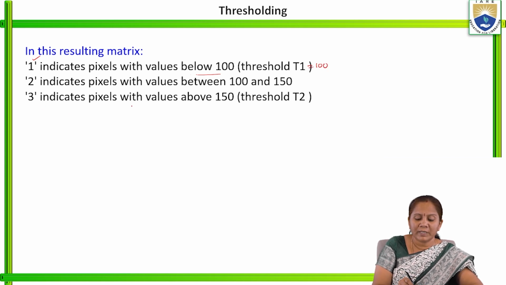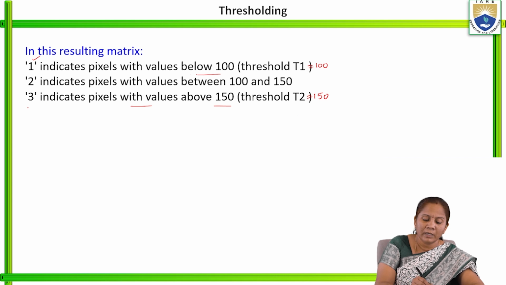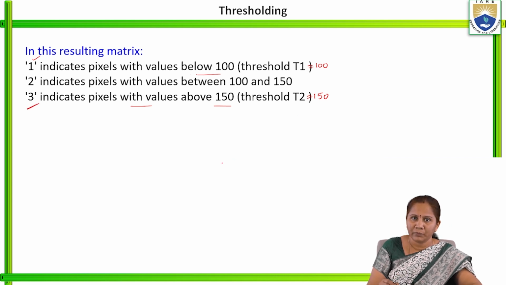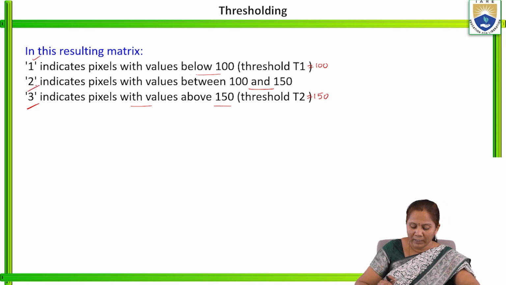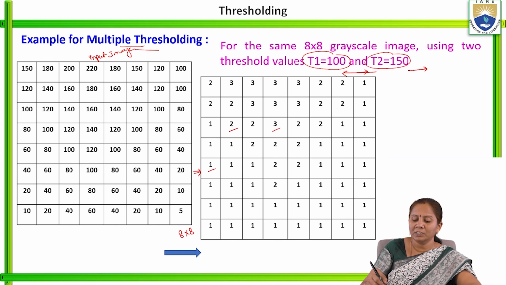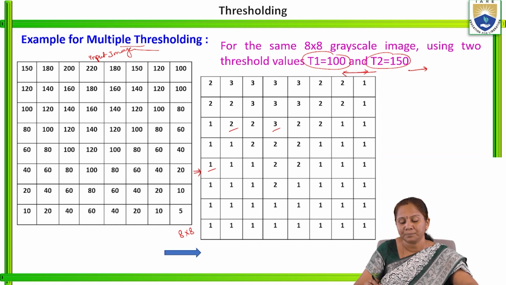If the pixel value is above 150, because T2 is selected as 150, we have indicated it as 3. If the value lies between 100 and 150, we have denoted it with another value, which is 2. That's why in the output image we can observe 3 values.